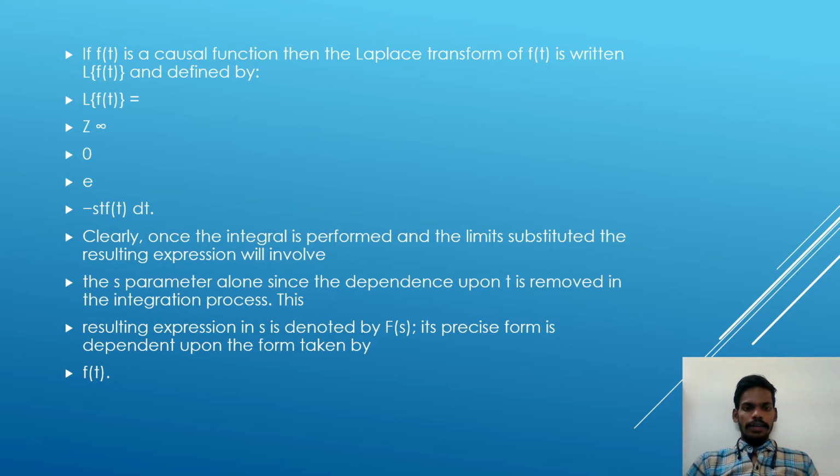Clearly, once the integral is performed and the limits substituted, the resulting expression will involve the s parameter alone, since the dependence upon t is removed in the integration process. This resulting expression in s is denoted by F of s. Its precise form is dependent upon the form taken by f of t.